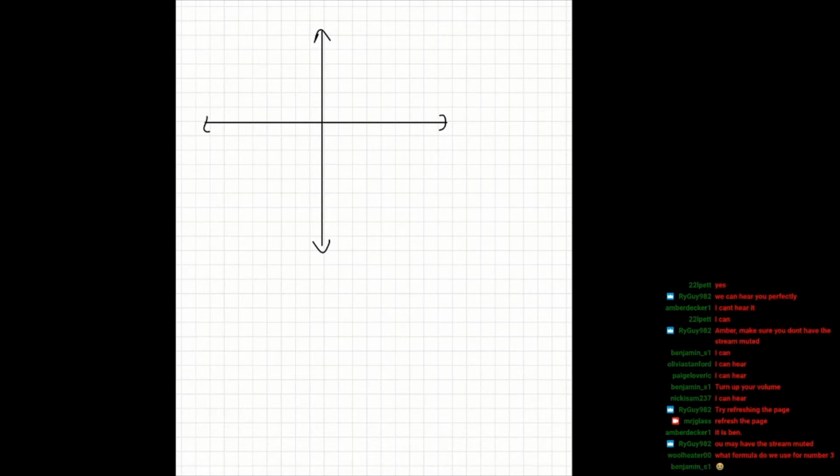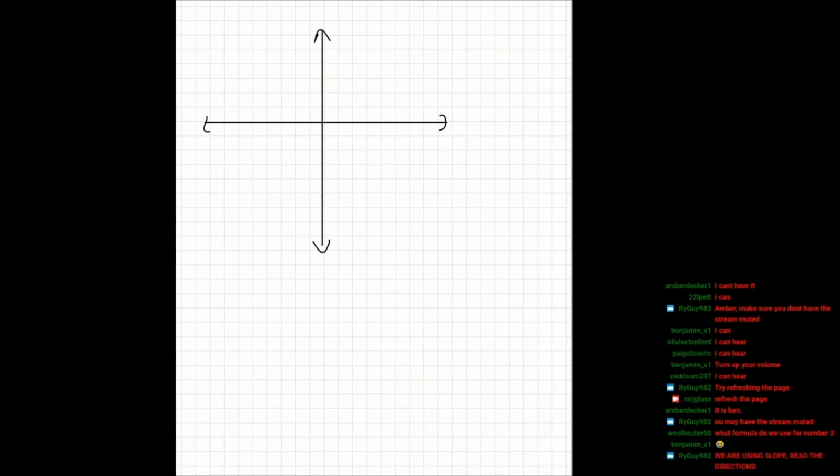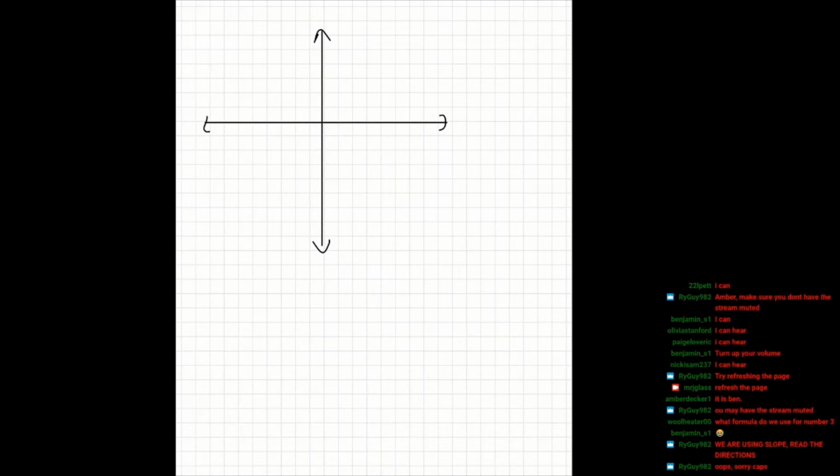That's a good question. What formula do we use? Because we used both yesterday, I'm going to let you choose whichever one you want. Remember, I've changed the direction, so you don't need to use slope. I've just changed it to prove it's not a parallelogram, so you may use either formula, whether it's slope or distance.